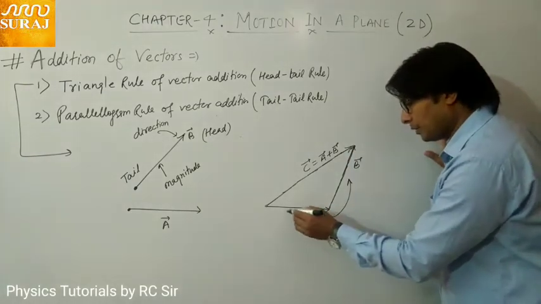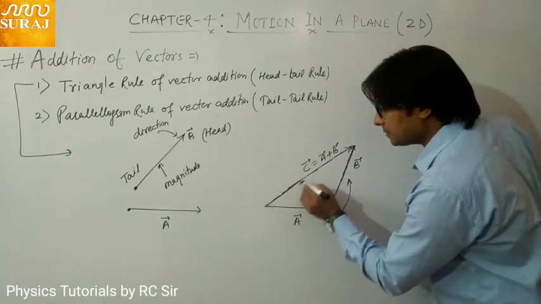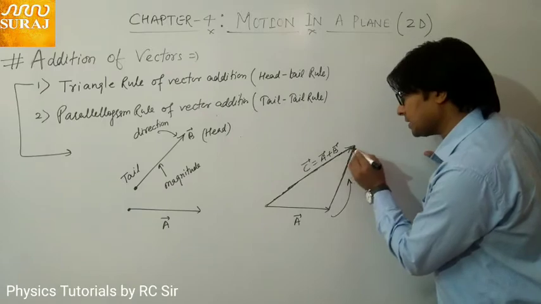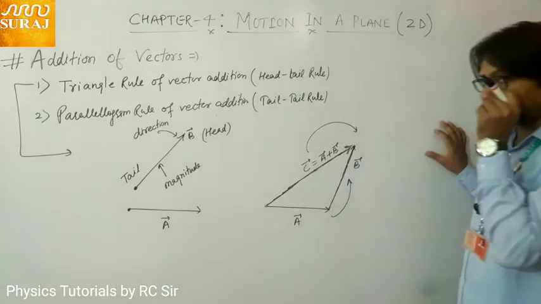So the order of A vector and B vector was in this direction, and this is the direction of the resultant vector, which is opposite in order.